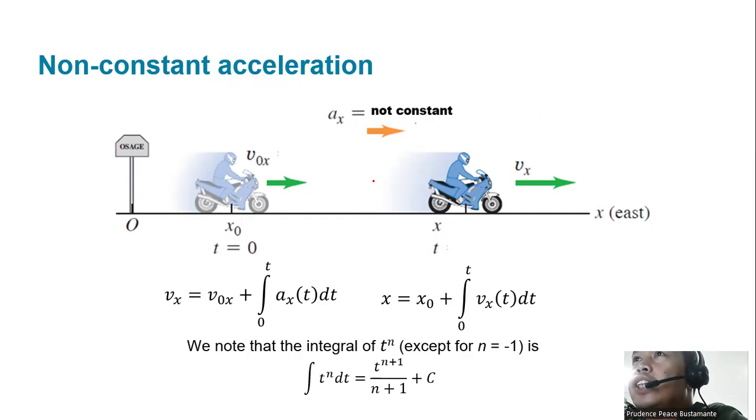But if it's a known function, meaning a sub x of t, a function of time, then you can get the position using this integration formula. The formula is t to the n plus 1 over n plus 1. So you can use this formula here.